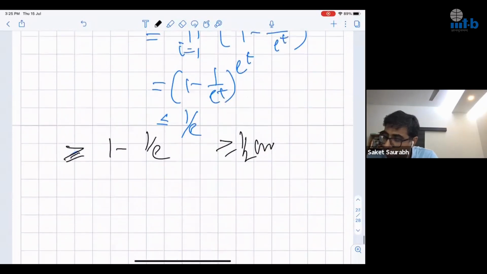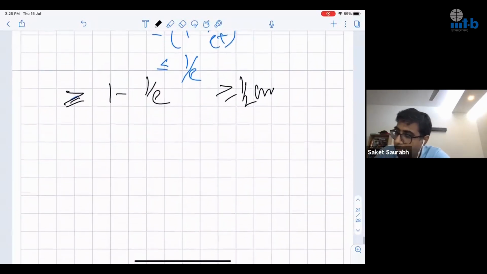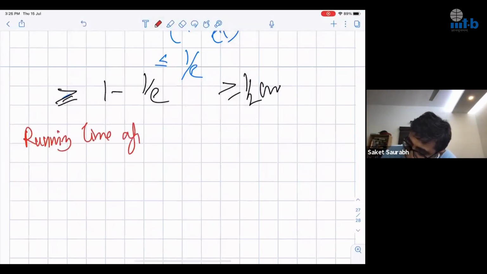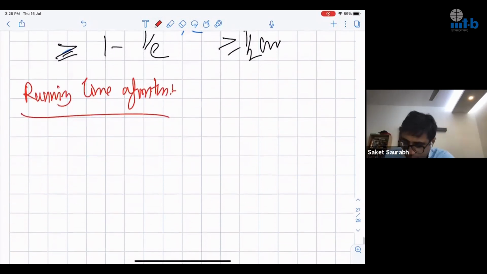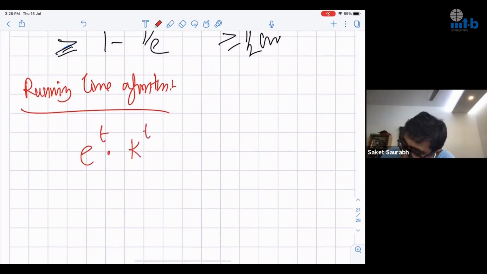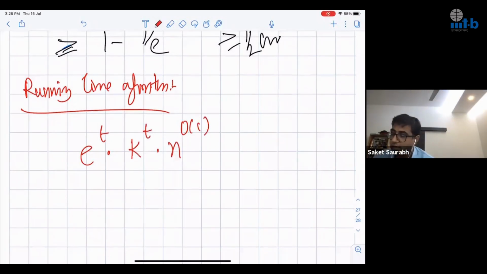Now the running time of this algorithm is e to the power t times for the repetition, and in each round we had k to the power t times n to the power big O of 1. So this is a randomized algorithm with some constant success probability, say half.